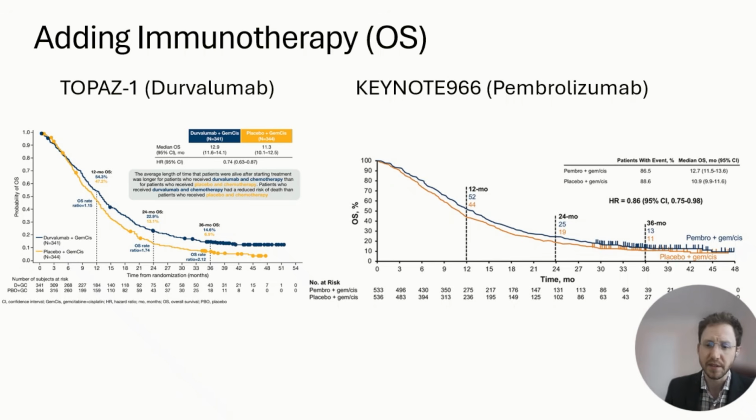And I think what is encouraging from the KEYNOTE-966 data is that the benefit is still sustained even with the option of continuing chemotherapy in that maintenance setting. So really two confirmatory studies that there is a role and a meaningful clinical benefit to the addition of immunotherapy to first-line GemCis doublet chemo.